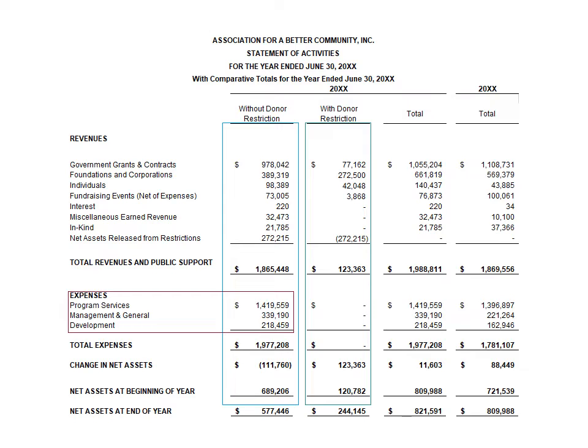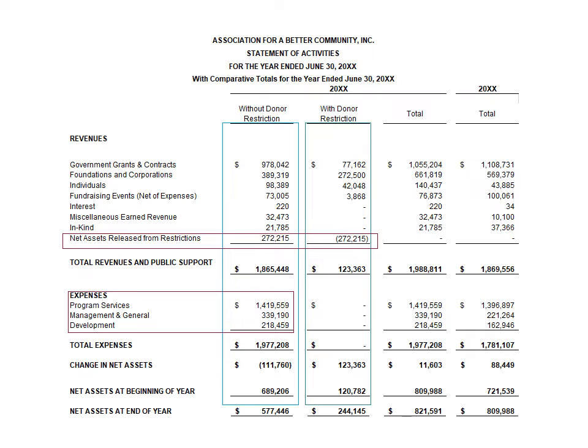So what does it mean to release restricted revenue? Deductions from the with donor restrictions column come in the form of releases. So you'll notice this organization had $272,000 released from donor restriction and moved into the without donor restrictions column. So this net assets released from restriction line will always balance, will always total to zero.